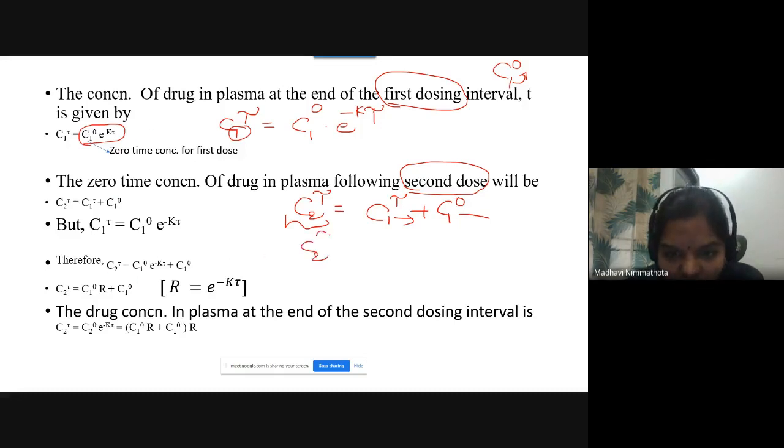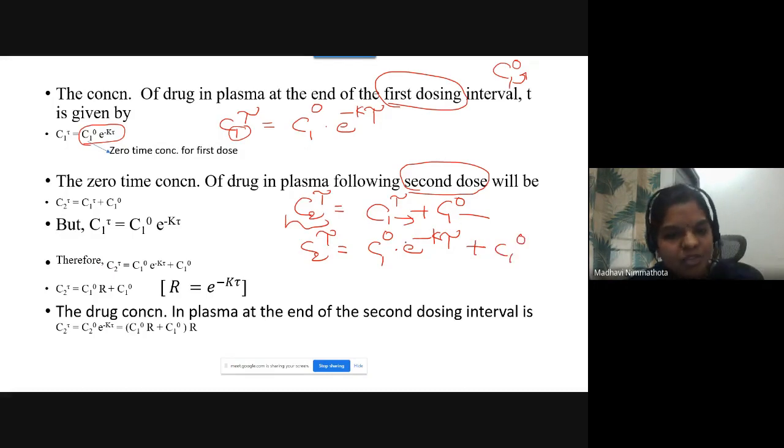C2 tau is equal to C10 e to the power of minus K tau. It is very simple. Then plus C10, as usual with the above equation. Therefore, C2 tau is equal to C10 e to the power of minus Kt plus C10. This is what I have written.